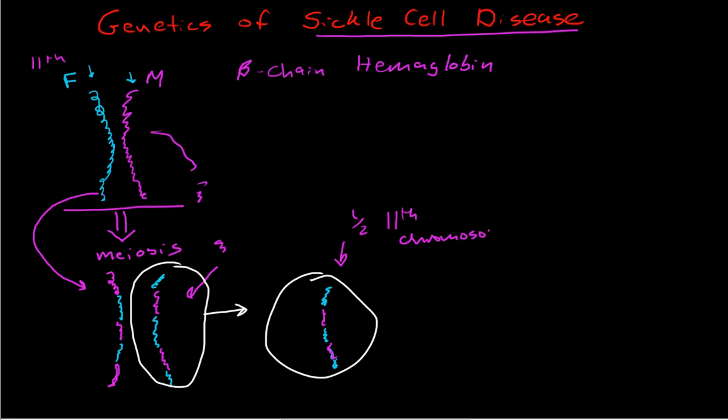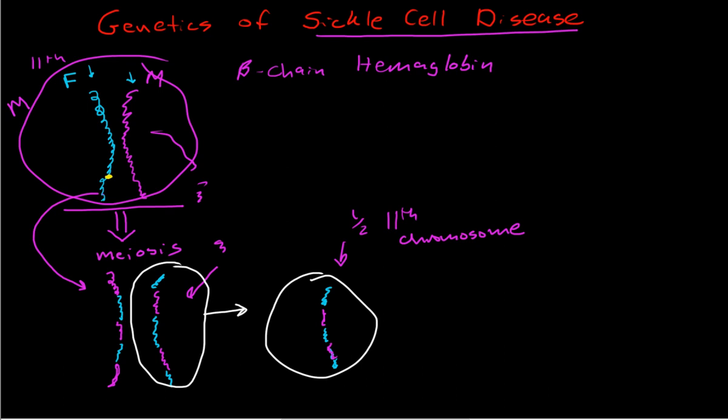Why is this important? Well, imagine that this is the mother cell, and say she is a carrier for the sickle cell trait. That means that on the 11th chromosome, she has a mutated gene.